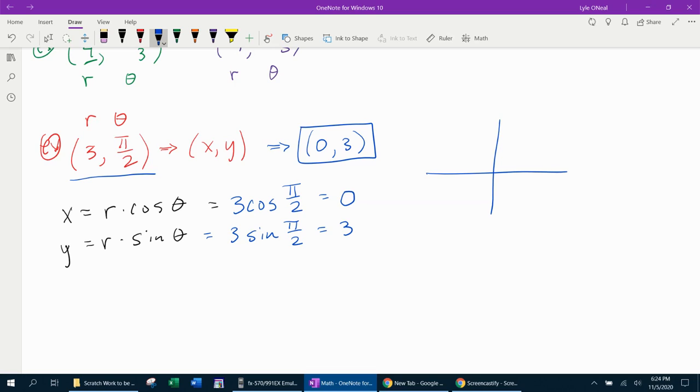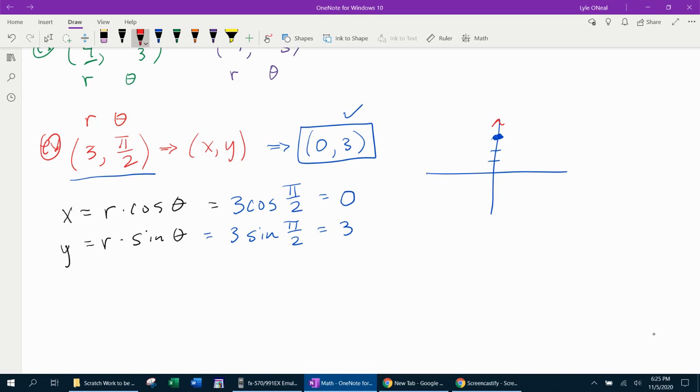So first, let's plot our rectangular point. 0 and 3 says to go up 3 units on the y-axis. So there's this point plotted. Now to plot the polar point, and we just covered how to plot polar points, so you should be somewhat knowledgeable of that at this point. No pun intended.